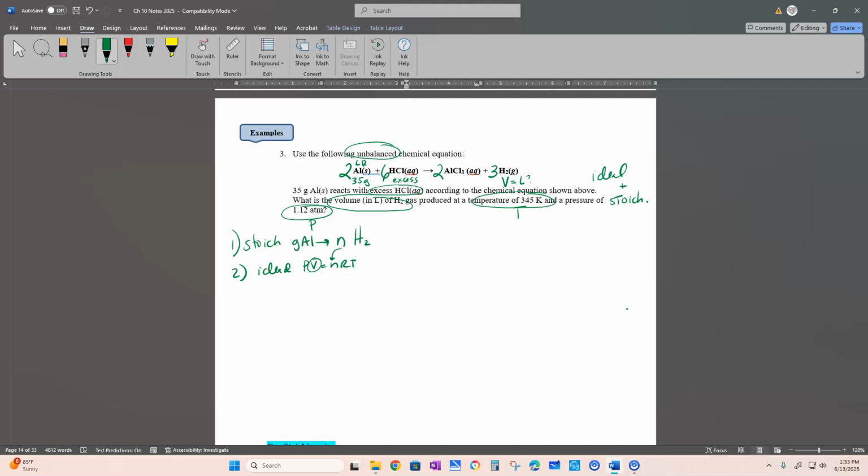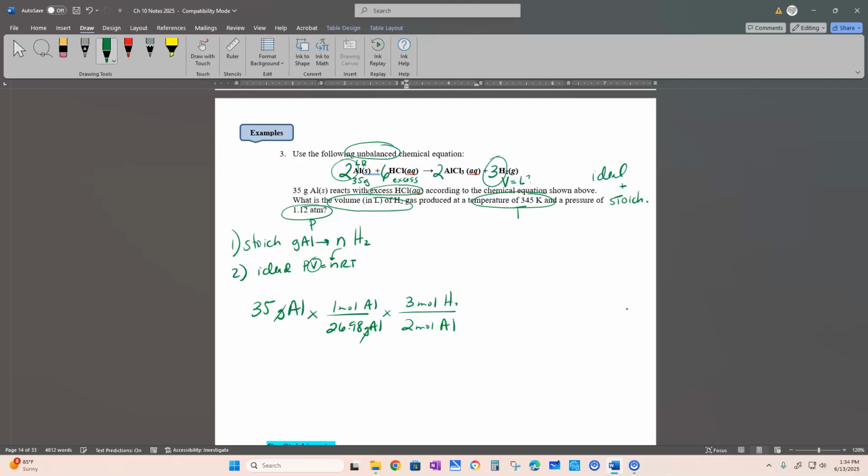So if I have 35 grams of aluminum, now I've got to get my molar mass of aluminum, which is 26.98 grams. And because the chemical is going to eventually change, we do have to write the chemical on each step. My equation says I have 2 aluminum for every 3 hydrogen.